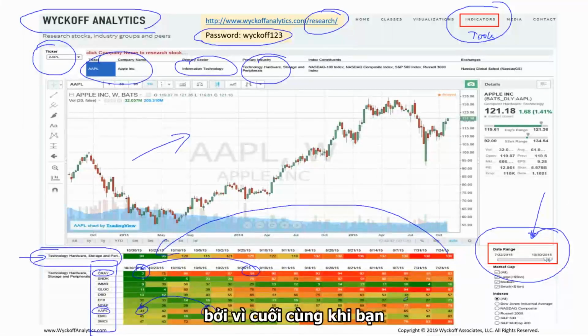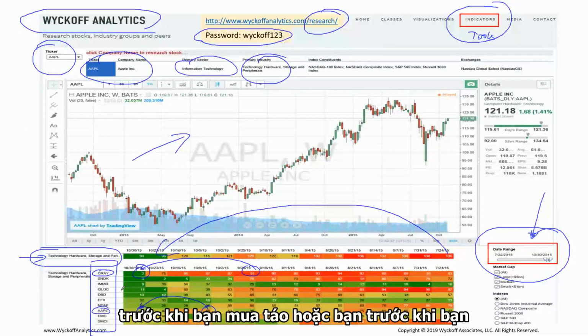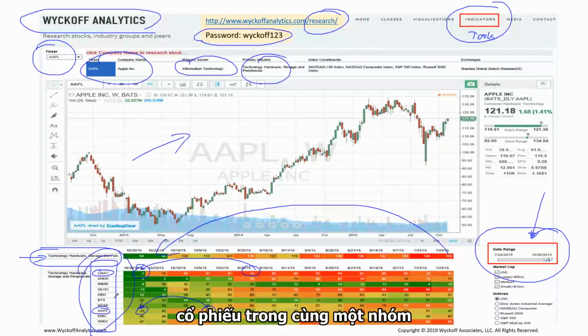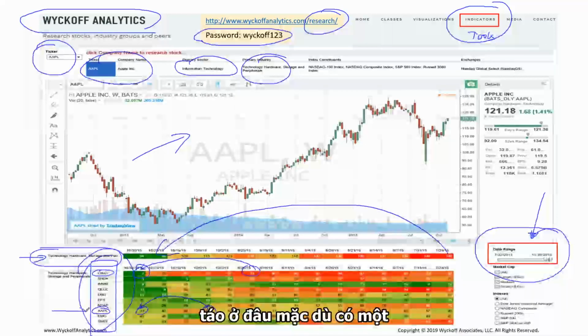Because ultimately, when you look at one chart, let's say you look at Apple, before you buy Apple or before you sell Apple, you have to look at other stocks in the same group. You might be missing something. Look at where Apple is.